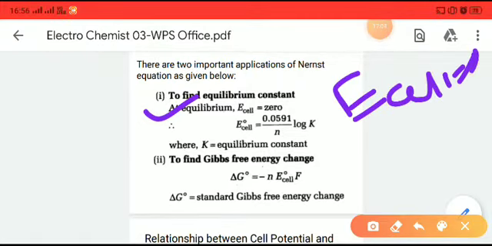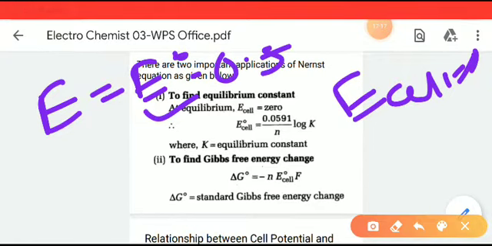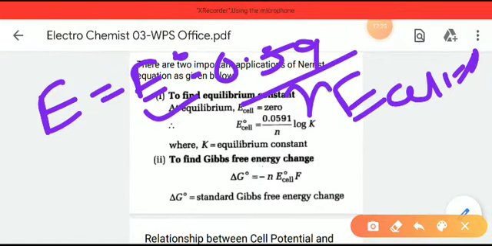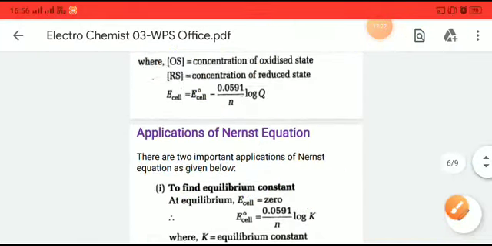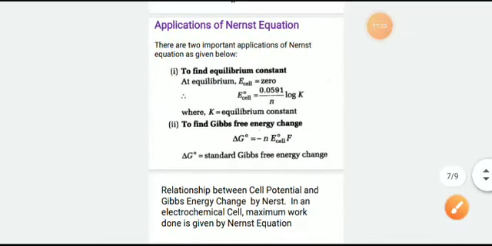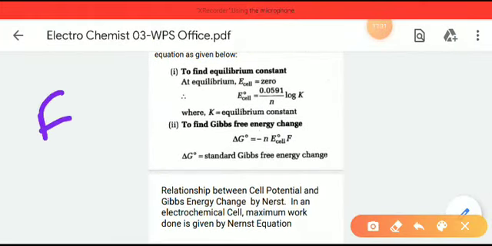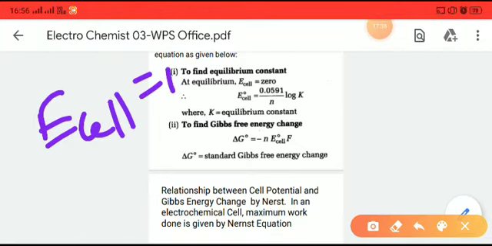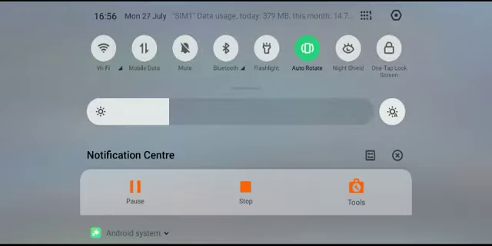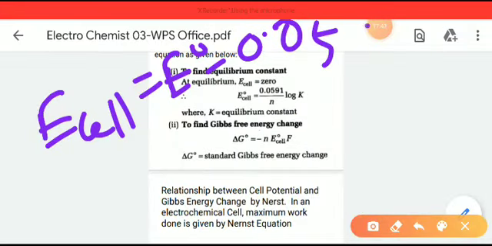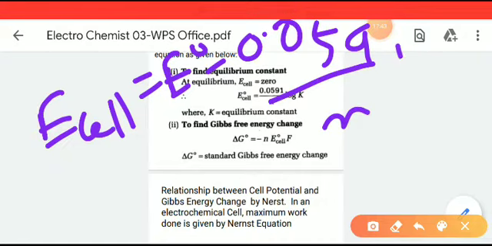We know that E cell equals E0 cell minus 0.059 by n log Q, or log K, whatever you call it.